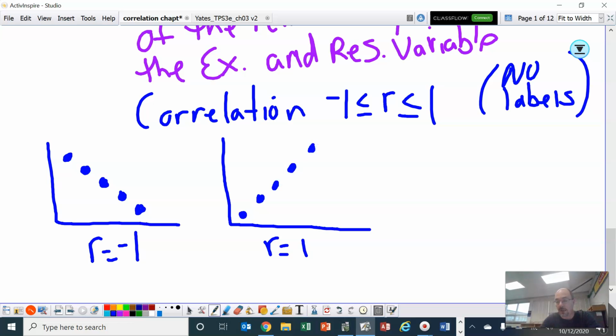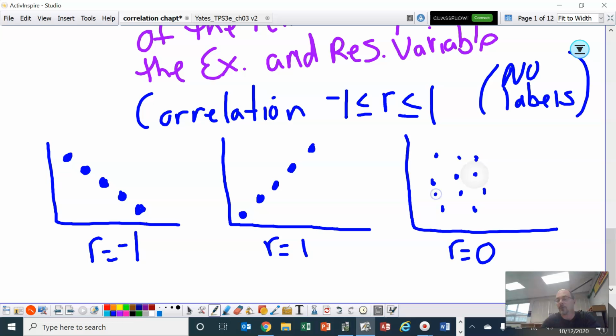They just have to be in a straight line, perfectly straight. And for a correlation of 0, you can't tell if they're going up or going down, because there is no relationship there. Obviously this is the weakest.